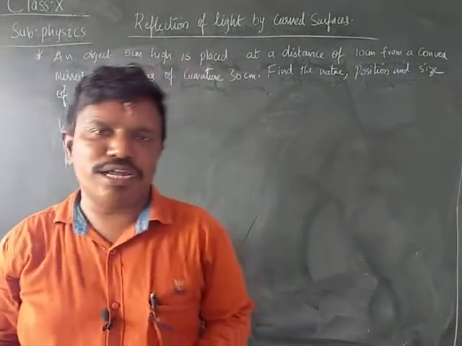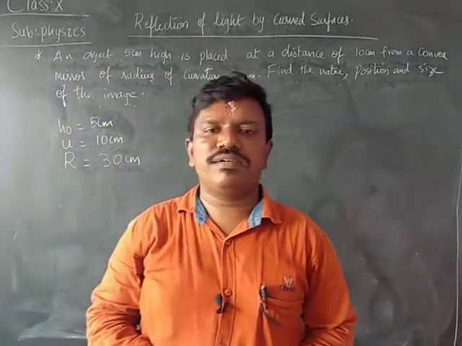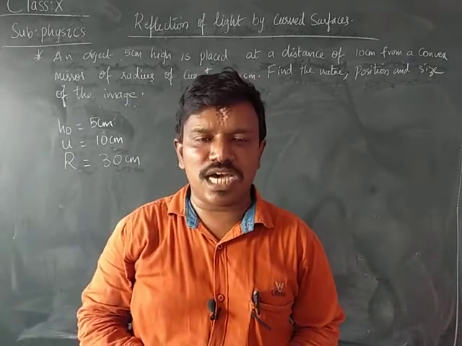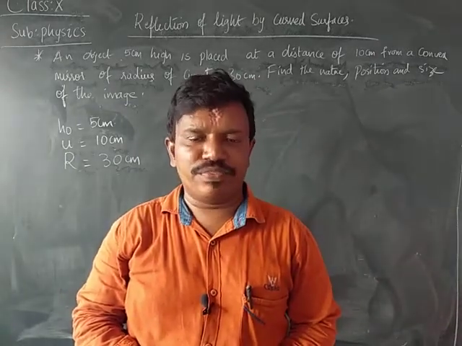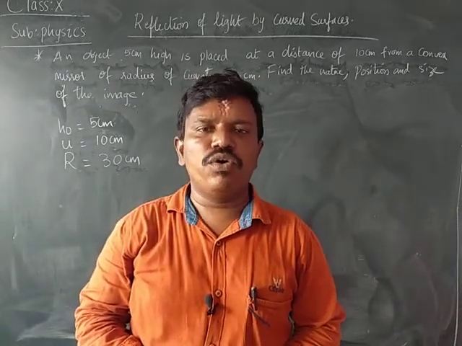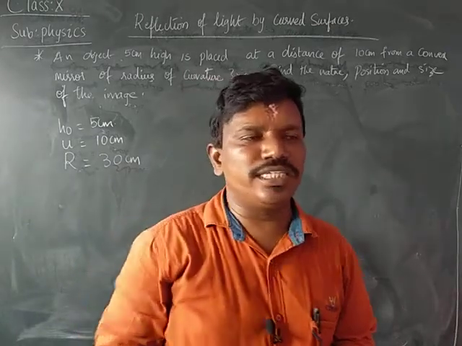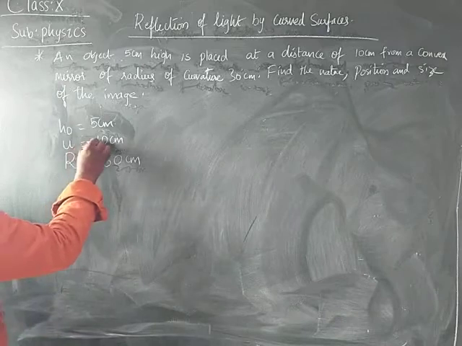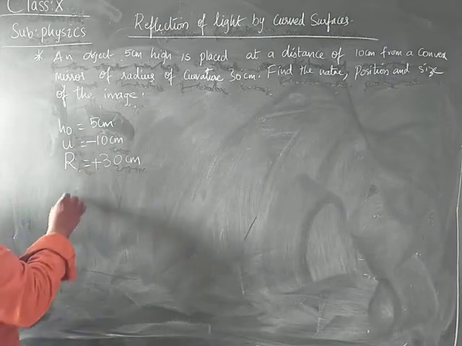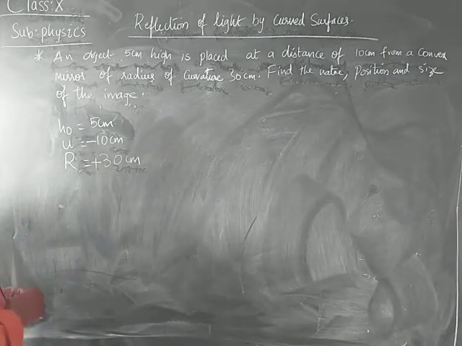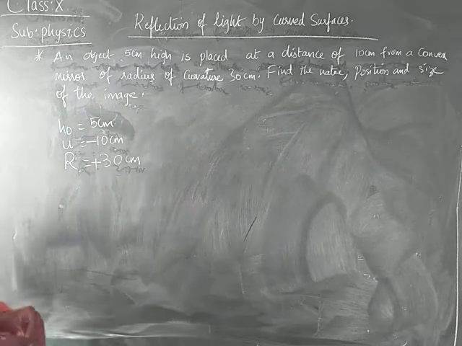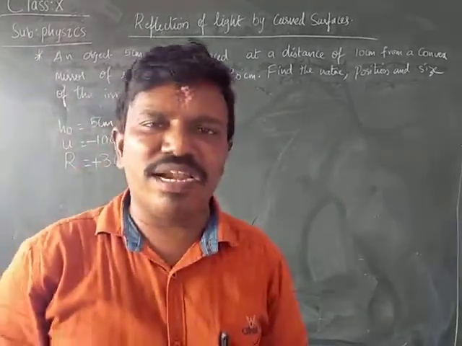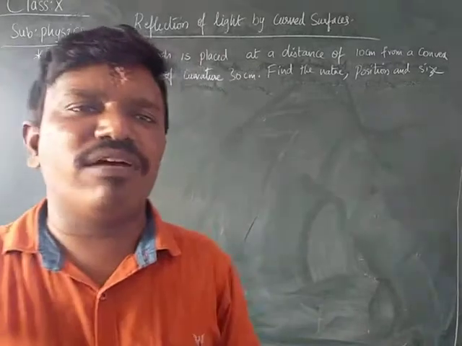For a convex mirror, what are the sign conventions? For a convex mirror, only U is negative. The remaining are all positive. Therefore, the object distance is minus. But in the mirror formula, we do not have the radius of curvature, we have the focal length.